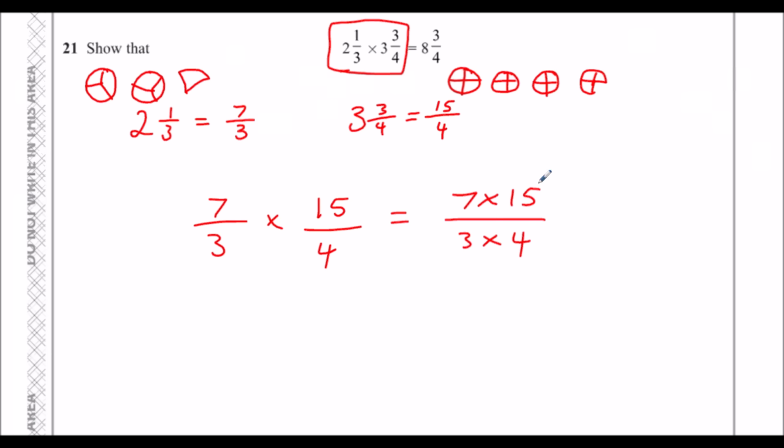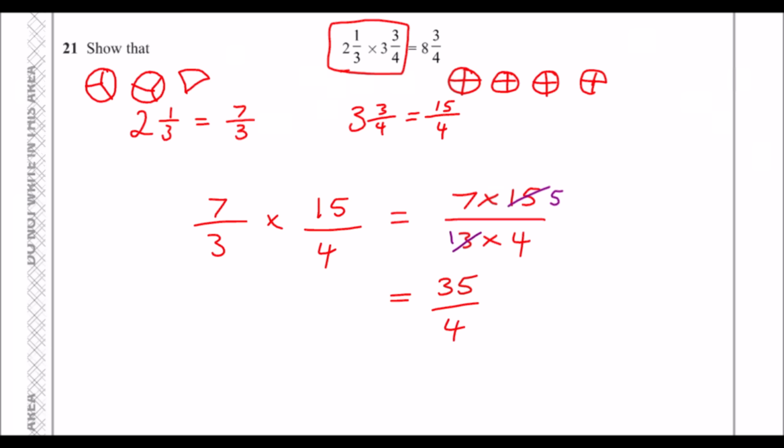And we can cancel the 3 and the 15. So if we divide the top and bottom by 3, we get 1 times 4. And 15 divided by 3 is 5. So 7 times 5 and 1 times 4. 7 5s are 35. 1 4 is 4. So we've got 35 quarters now.